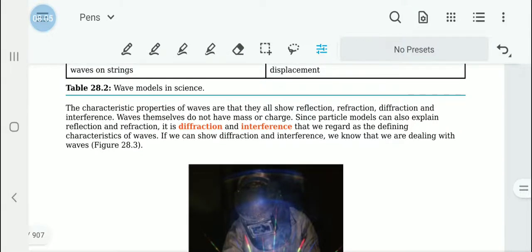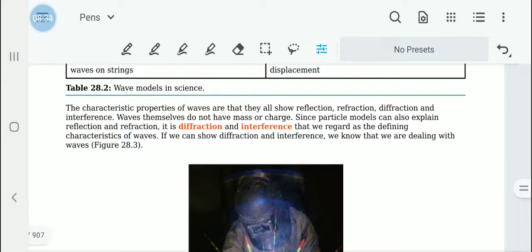So these characteristic properties of waves show us reflection, refraction, diffraction, and interference. All of these things have been defined earlier. So the wave itself doesn't have any mass or charge. It is not particles. Using particles we can explain reflection and refraction.